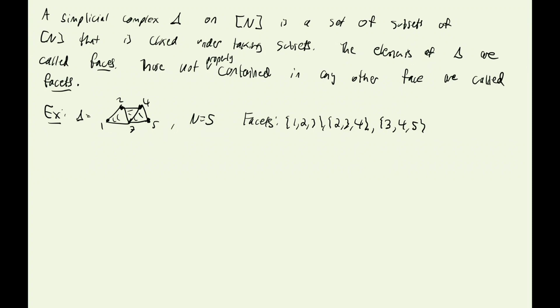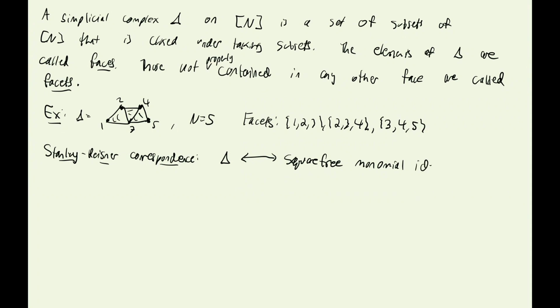There's this thing called the Stanley-Reisner correspondence. And here's how we're going to get back to some commutative algebra. There's a correspondence between simplicial complexes on N and square-free monomial ideals in K adjoin x1 to xn.